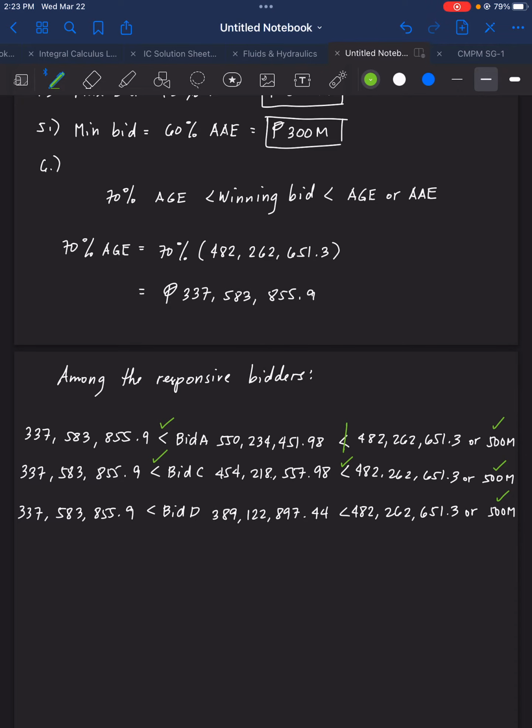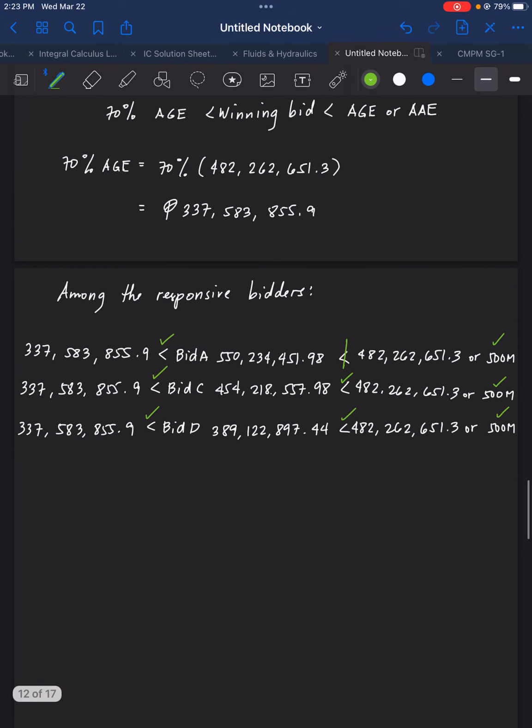For bid D, 389 is greater than 337, correct? And 389 is less than 500, correct? So the two bidders, bidder C and D, satisfied the winning bid. But practically speaking, which of the two bidders, C and D, is more favorable, the one that you will accept as the contractor for the project, whose offer is lower?